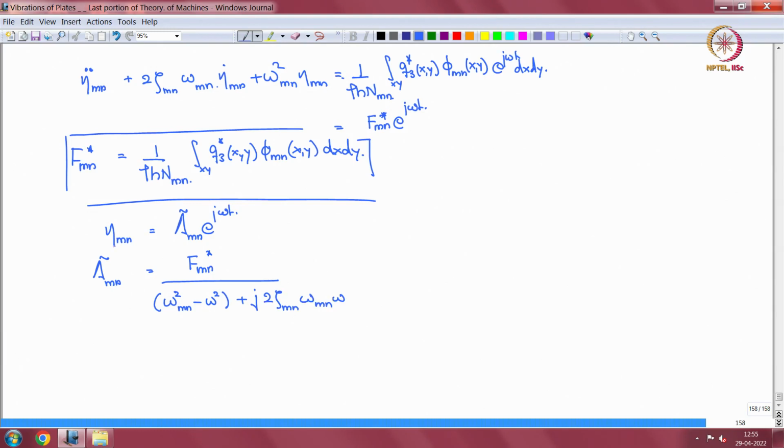Okay, this double derivative here has resulted in minus omega square, that is minus omega square. This one derivative has resulted in the j. Okay, and this has positive sign that has resulted here.